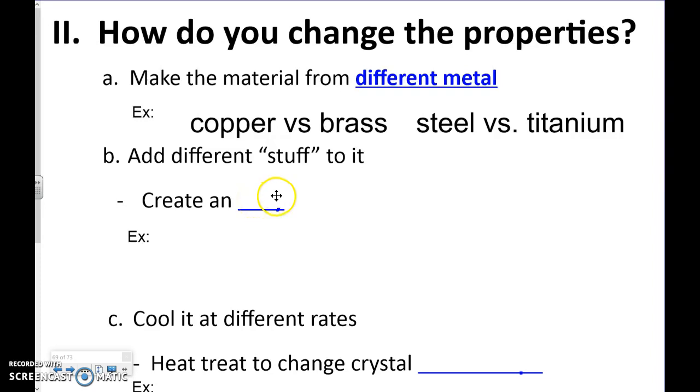The biggest thing, and this is where our next unit comes into play, is that we can add different stuff to it. In other words, we can create an alloy. That can be an alloy like brass, where you're using two metals, nickel and copper, to make a mixture, or it could be like steel, where you're using a metal and a non-metal, iron and carbon, to make your material. And remember, with steel you have all those different ones.